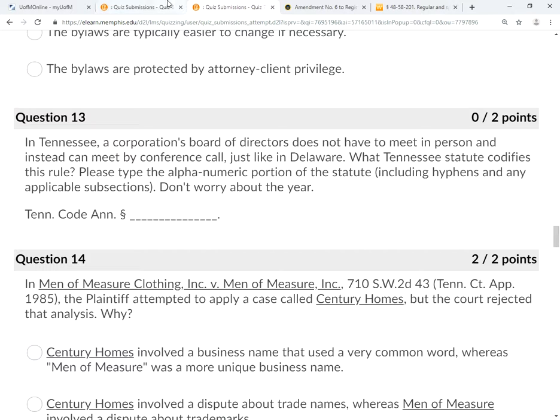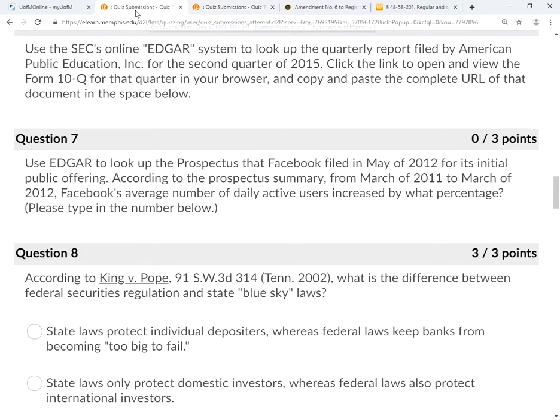The other one that I wanted to go to, since we're limited to 3, was quiz 6, attempt 2, question 7. It says, use Edgar to look up the prospectus that Facebook filed in May of 2012 for its initial public offering. According to the prospectus summary, from March 2011 to March of 2012, Facebook's average number of daily active users increased by what percentage?